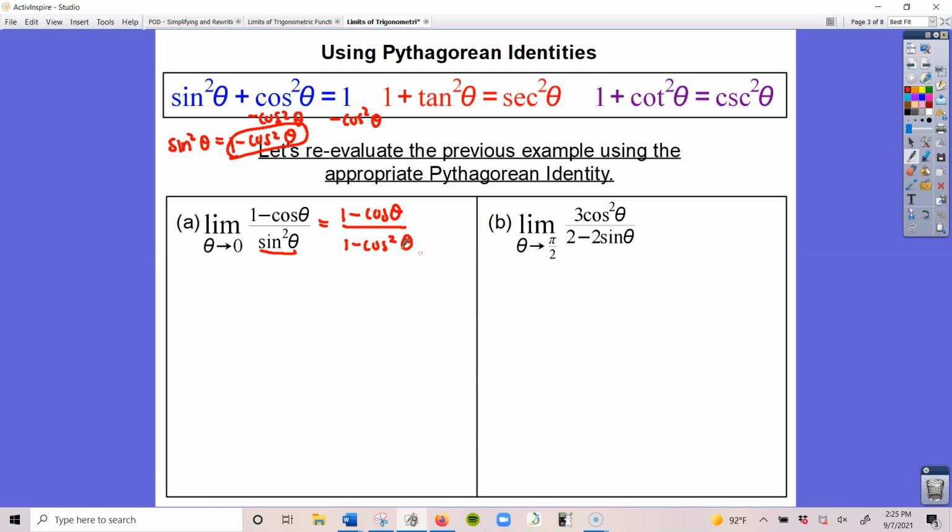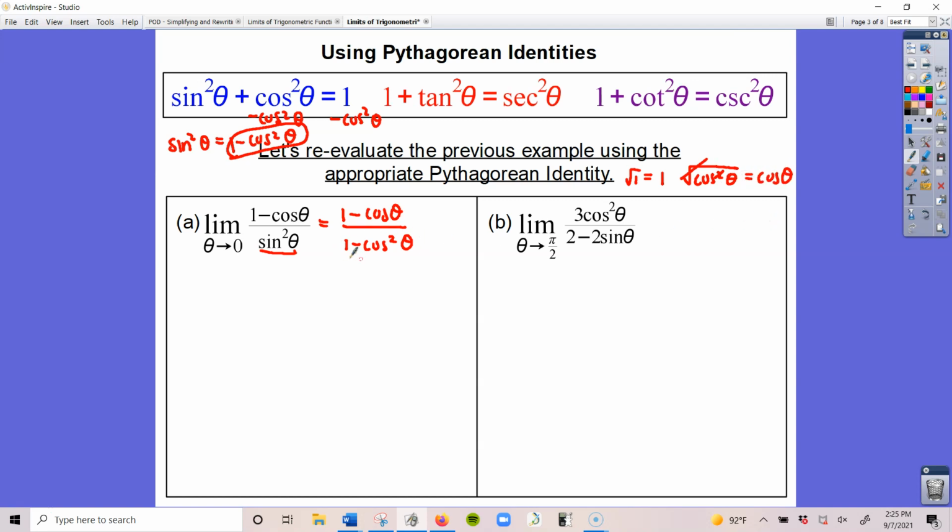Now 1 minus cosine squared may be difficult to see, but this is a difference of squares. Because it's a difference, there's subtraction. 1 is a perfect square because the square root of 1 is 1. And cosine squared is a perfect square because if you take the square root of cosine squared, it would cancel out the exponent and leave me with cosine theta.